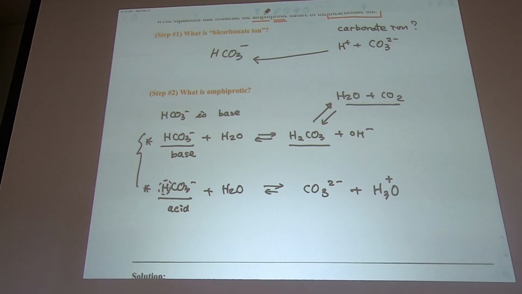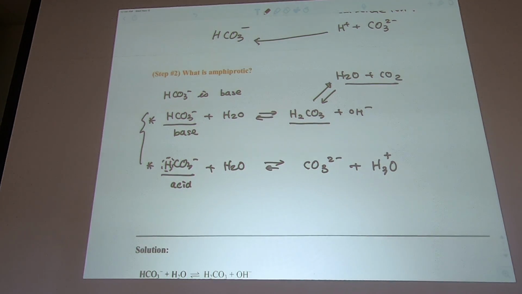Do you know what the other most common amphiprotic chemical compound or molecule is? What is one of the most famous ones? H2O, H3O plus, OH minus.